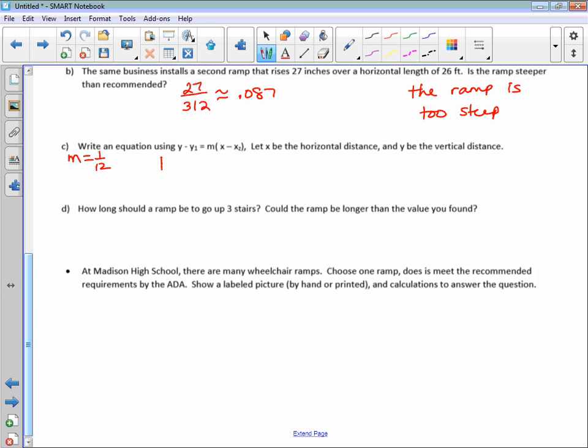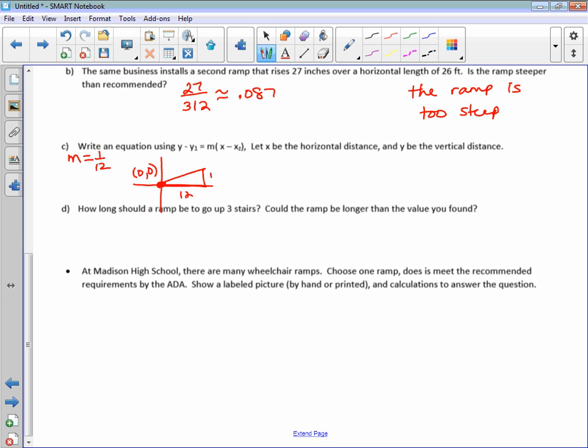Now the easiest way to do this is just think, if I start at the origin, and there's my ramp, there's my x, there's my y, right? Well, you've gone over 12, and you go up 1, okay? And what is that starting point there? What would the ordered pair be for the origin? 0, 0.